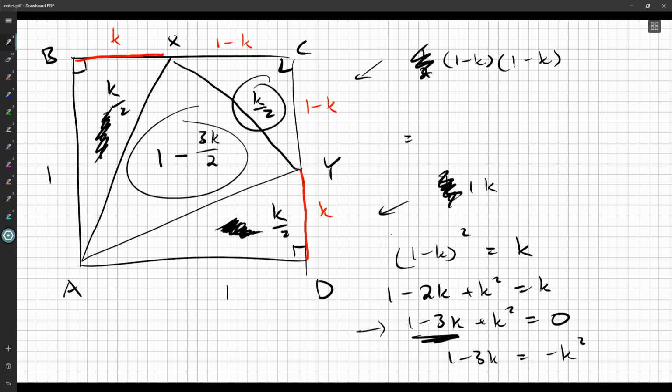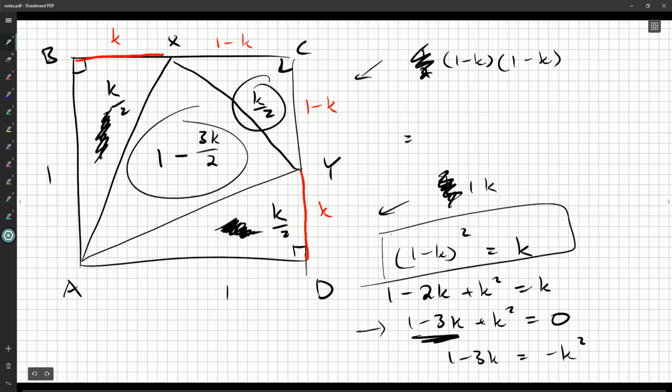Well, we know K is the same as 1 minus K all squared.